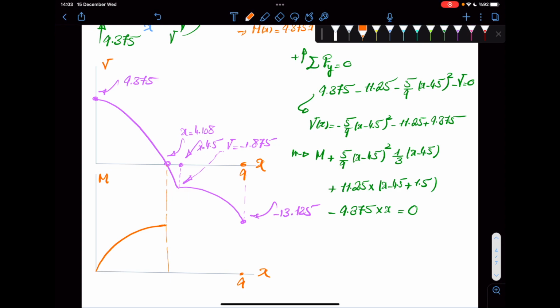So this is the maximum. Then, because V is negative, your moment would also be negative. So, sorry, your moment is still positive, but you know its derivative would be negative. So in this little part, it starts coming down like that.